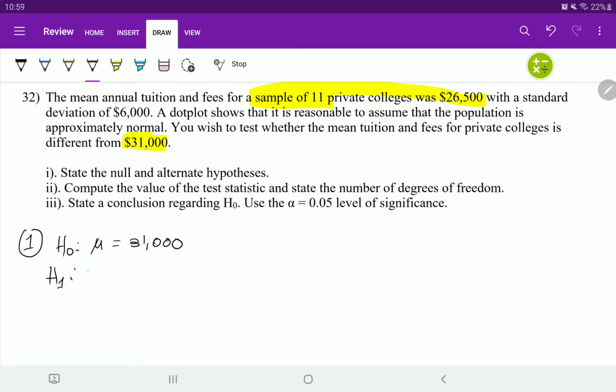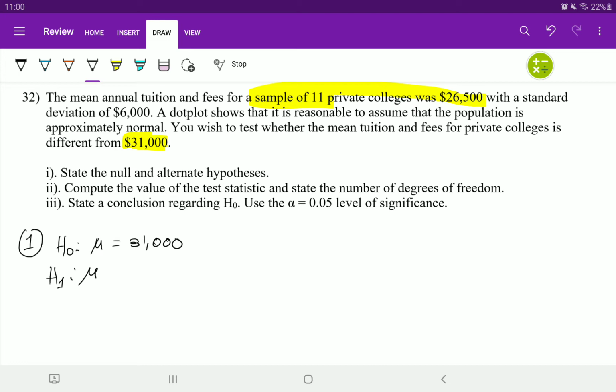We want to write our alternative, which means mu will either be greater than, less than, or different from 31,000. The question says, you wish to test to see whether the mean tuition and fees for a private college is different from $31,000. When it says different, difference can mean greater than 31 grand, less than 31 grand.